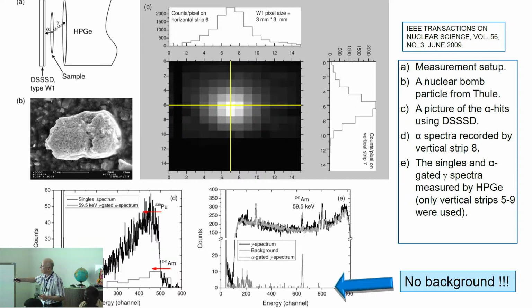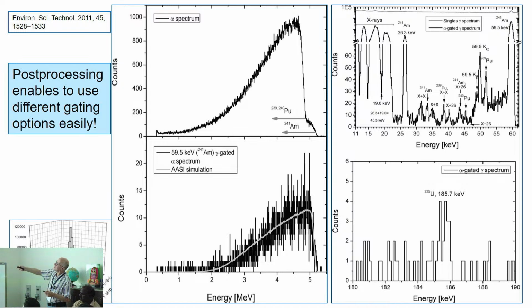Sorry, there are no colors in this picture. This is the singles, normal gamma spectrum here. What you can see here is only a very, very small peak for americium.